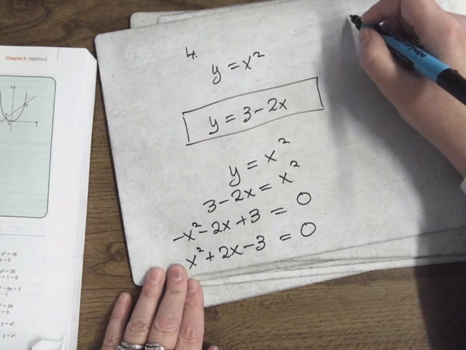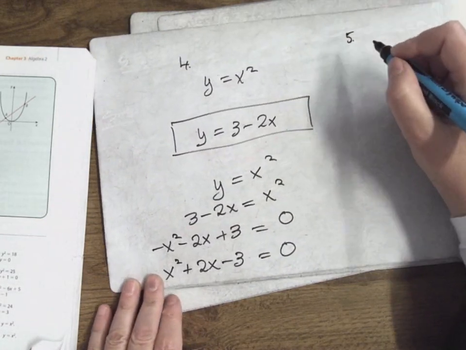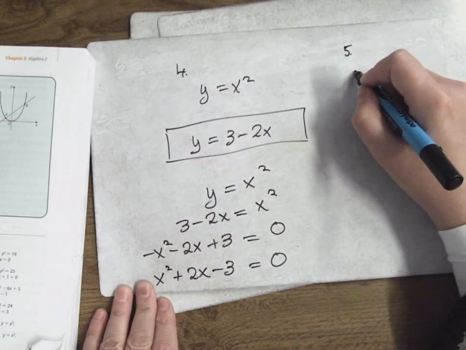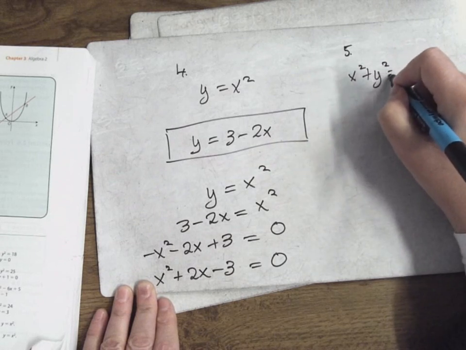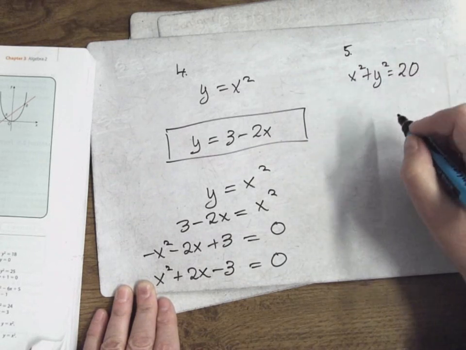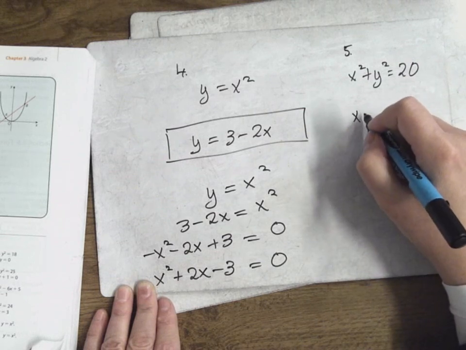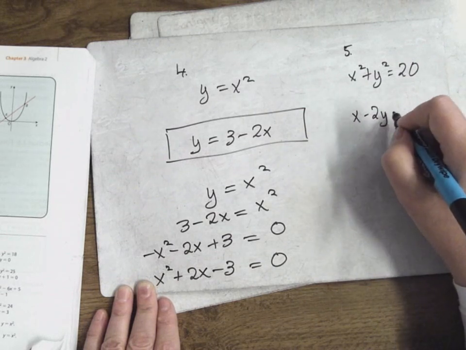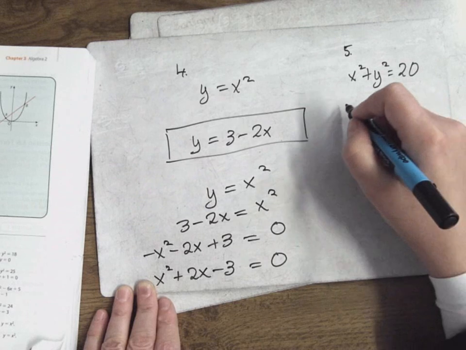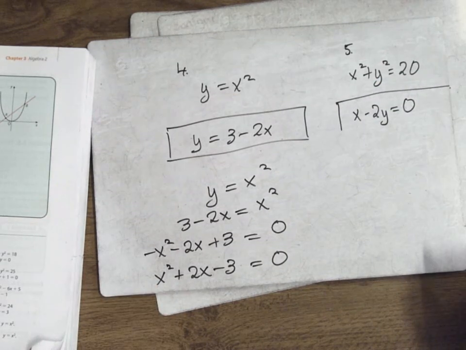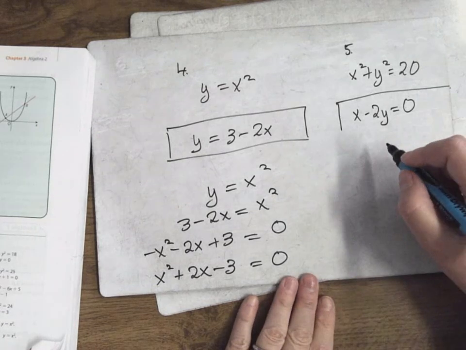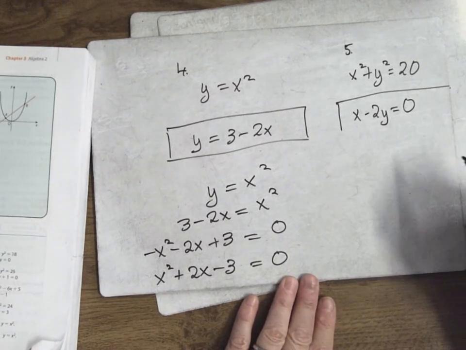How about number 5? I want you to look at number 5. So number 5 is x squared plus y squared equals 20, and the second one is x minus 2y equals 0. This is the linear equation here. Step 1, what is it?